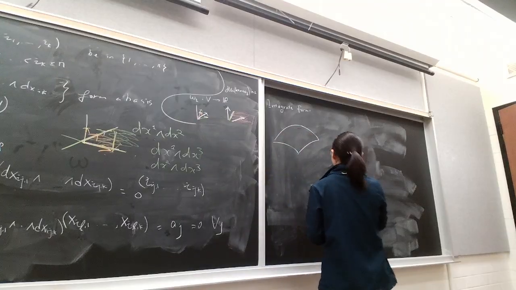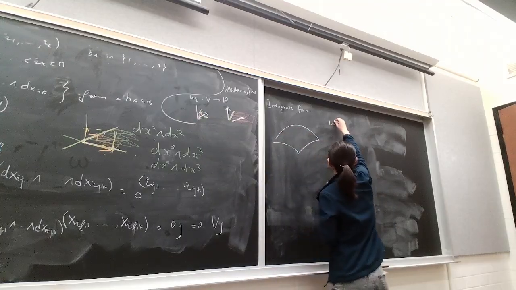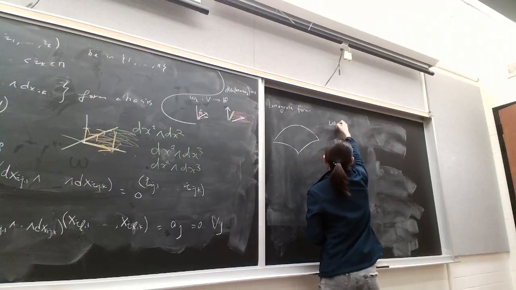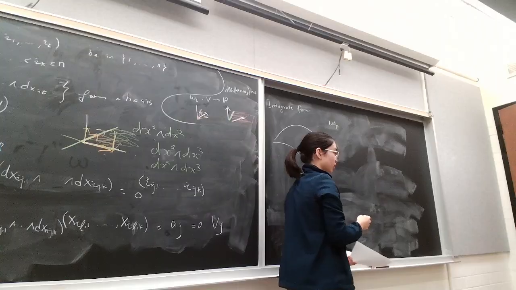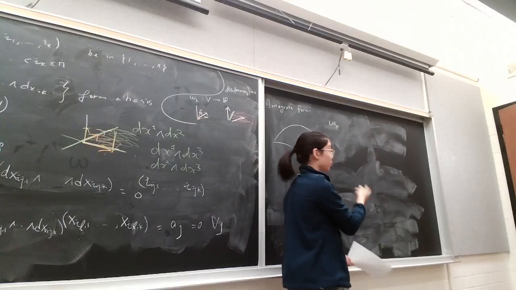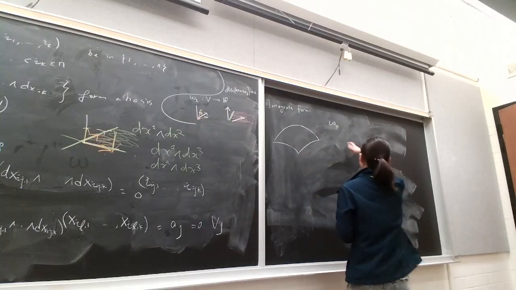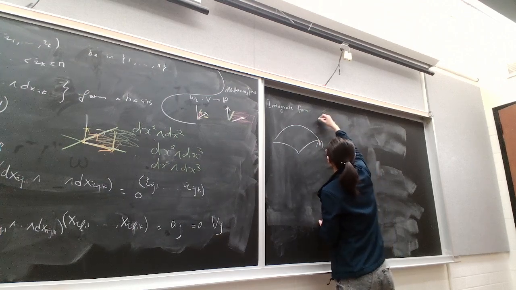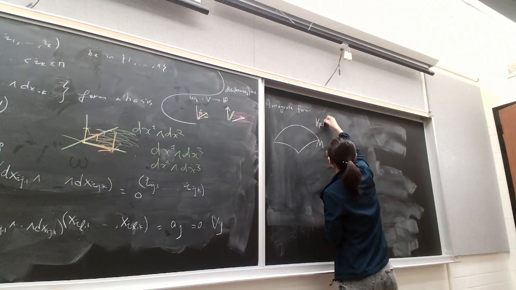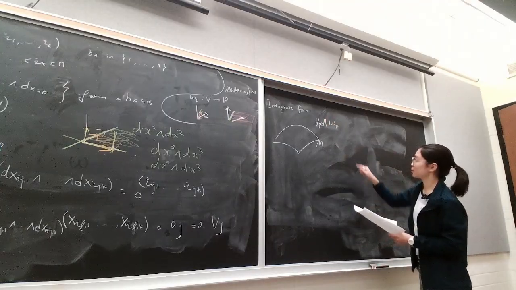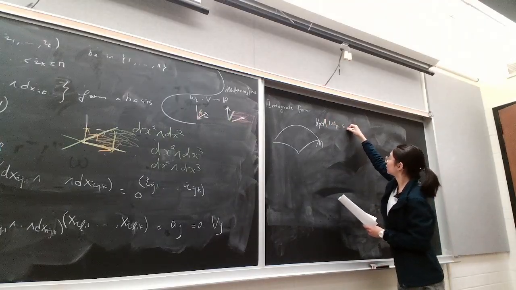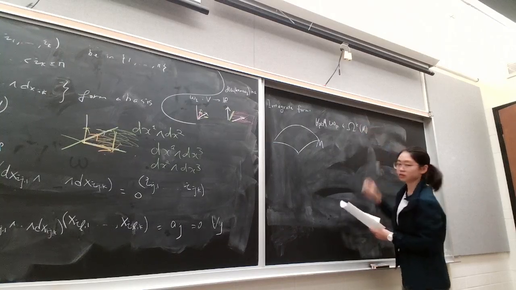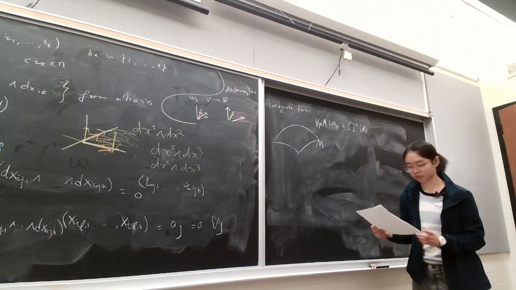Let's say we have omega, such that given every point we have a k-form omega sub p, for all points in M. This is a k-form.